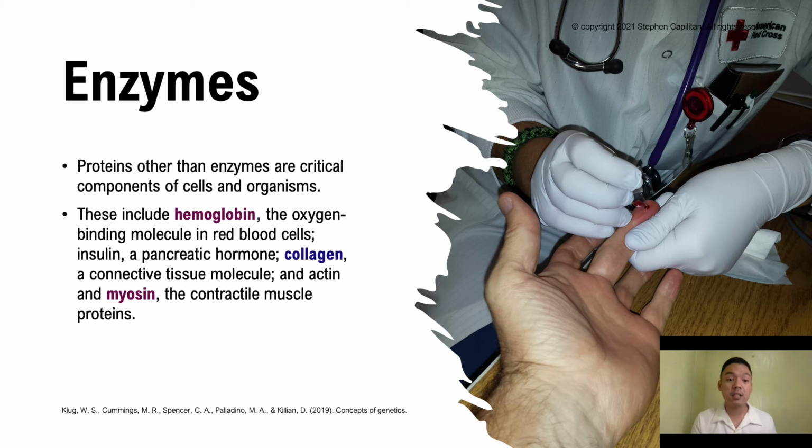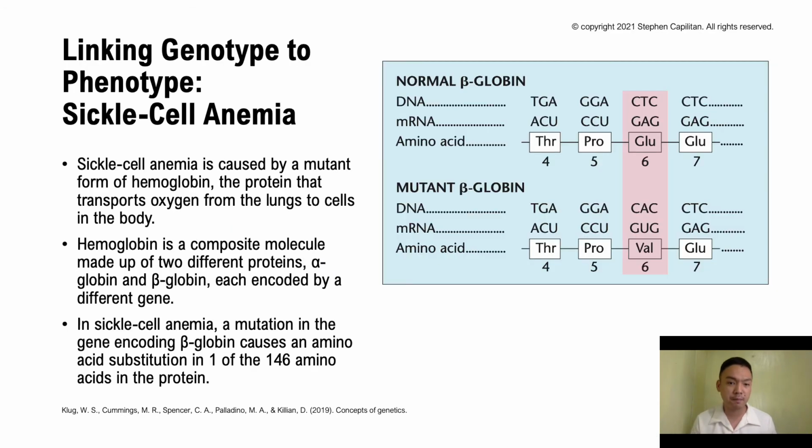Actin and myosin are the contractile muscle proteins which help the relaxation and contraction of muscle fibers. You can see a photo on the right of a hemoglobin concentration measurement, administered before a blood donation at the American Red Cross Boston Blood Donation Center.